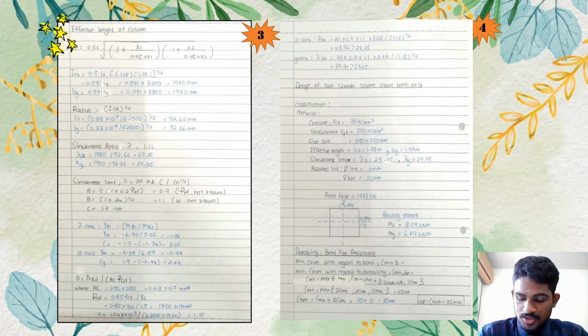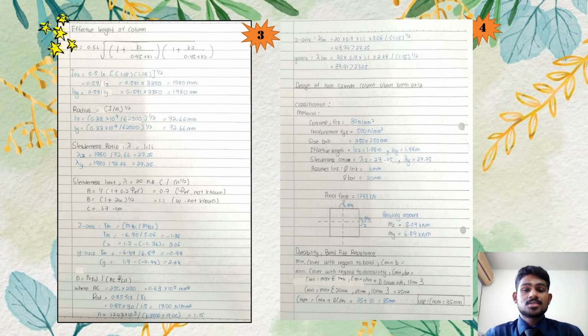The Ac is 250 times 250, equal to 0.63 times 10 power of 5 millimeter squared. For the fcd, the formula that you are going to use is 0.85 fck divided by gamma c. So the final answer n you will get is 1.15.